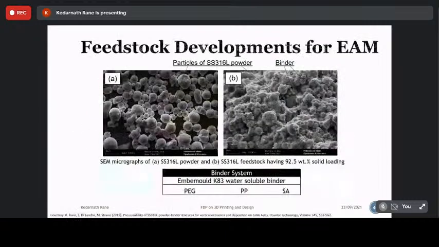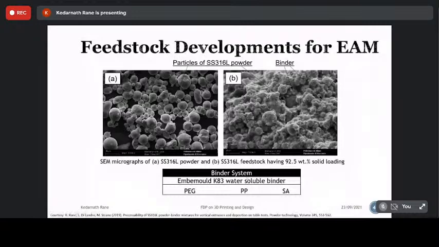So you can see the commercial powders are used for development of the feedstock. By the way, the feedstock is developed in-house. We use our own mixer and our own pelletizer to manufacture the raw material. You can see the raw material for stainless steel is like powders. And when we make it a feedstock, you can see the binder covers all over the powder, and it is very well homogenized.